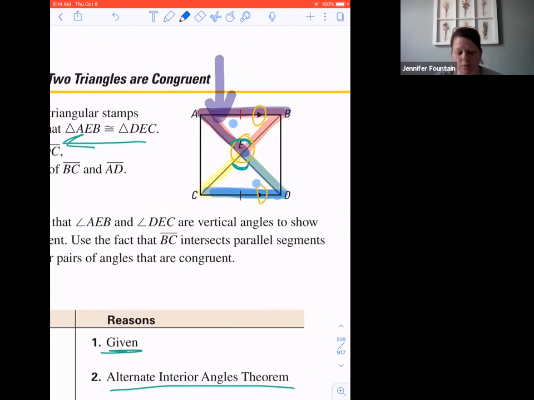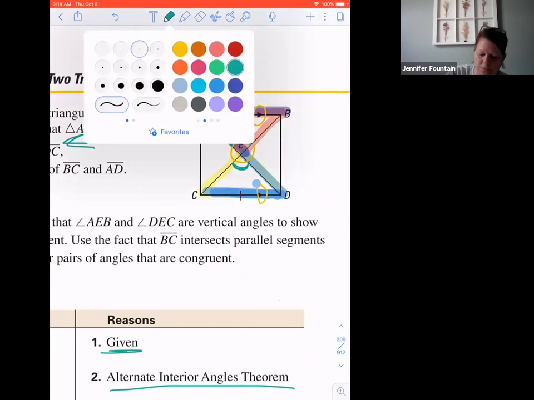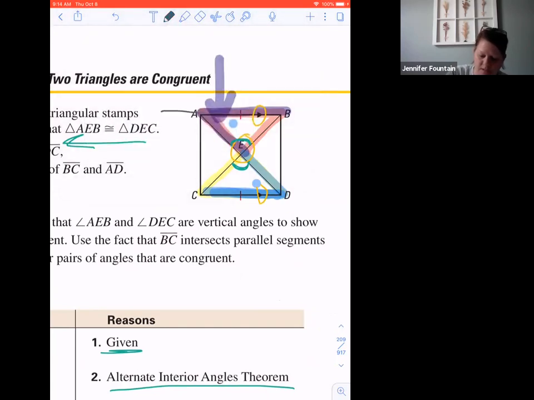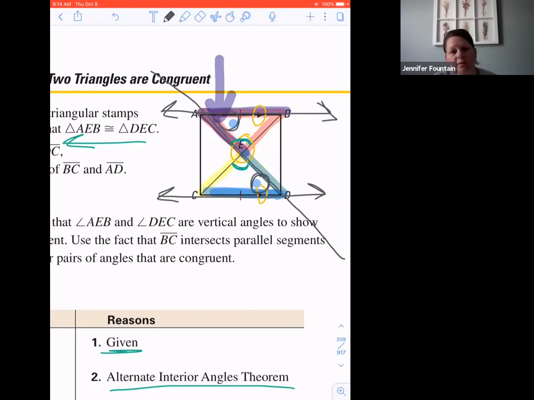Remember that if I were to extend my line out here, if this went that way and this went that way, they told us that these two are parallels. So we've got this as our transversal. And so when we look at that, I can see that these are alternate interior angles.